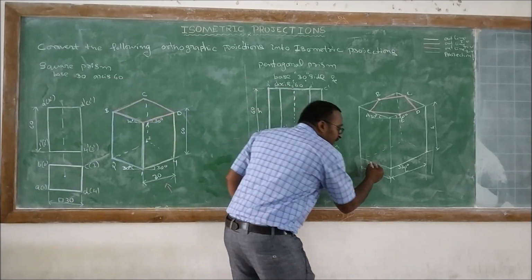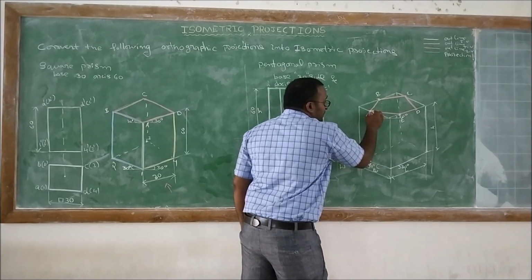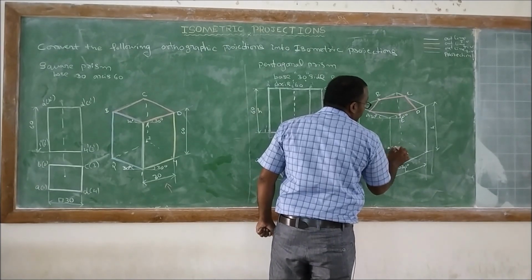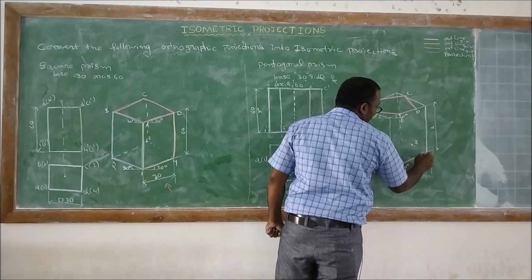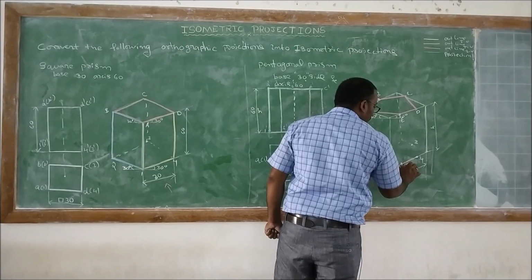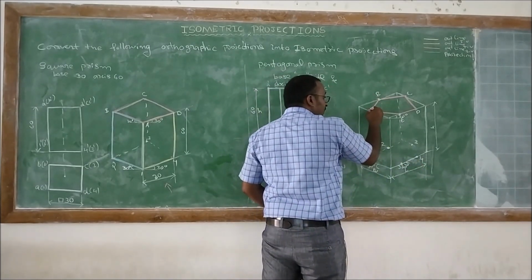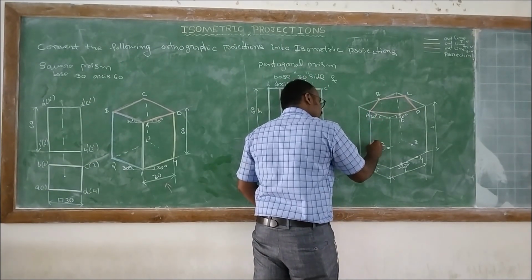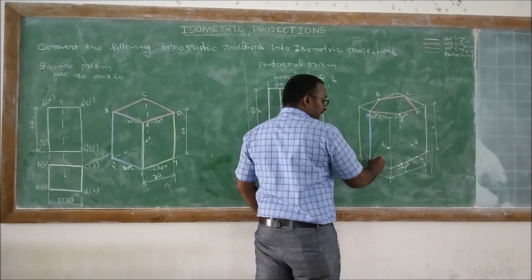Here also you need to mark that particular point 1, right? Then here there will be a 2, 3, 4, 5, right? So here to here A1 will be visible, right?